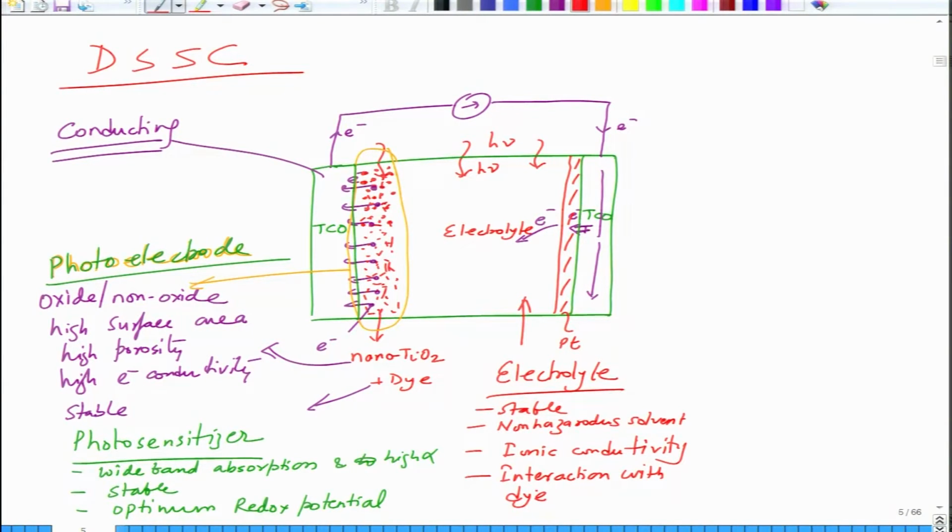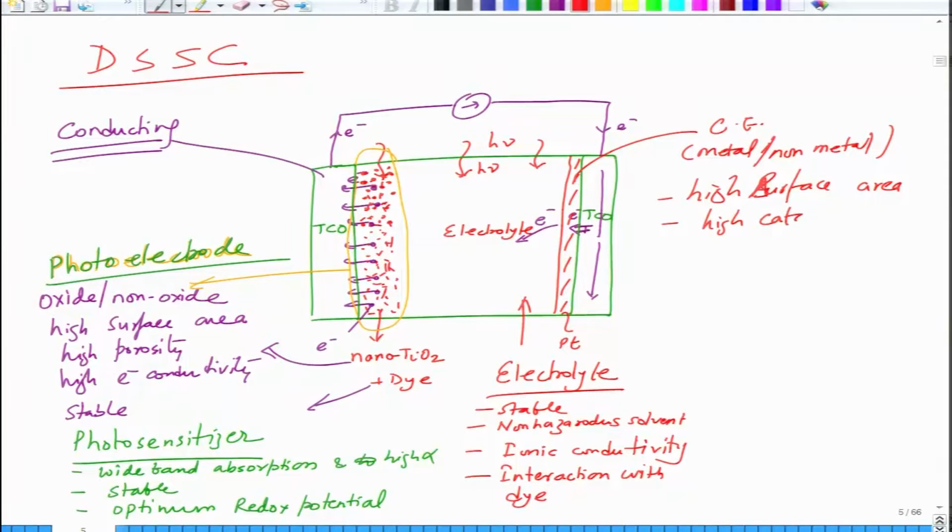Then we have this counter electrode, which could be a metal or non-metal. It should have high surface area, and it should have high catalytic activity, and that is why platinum is preferred. So, these are certain attributes of dye sensitized solar cells in summary.